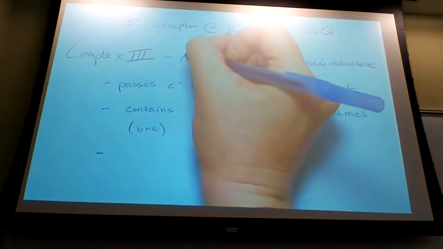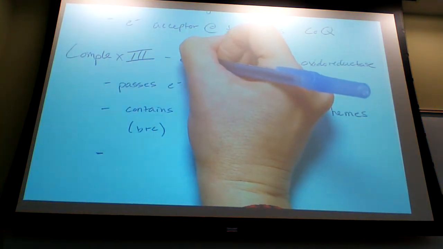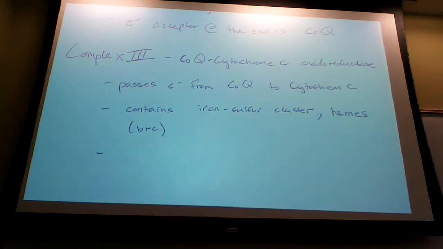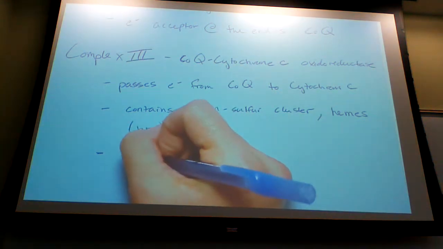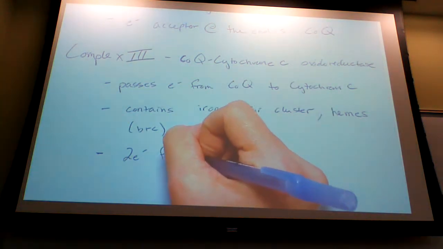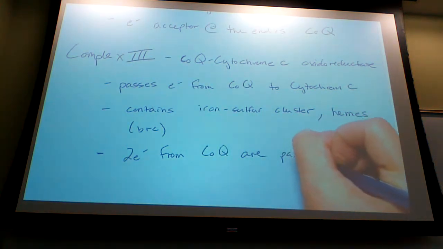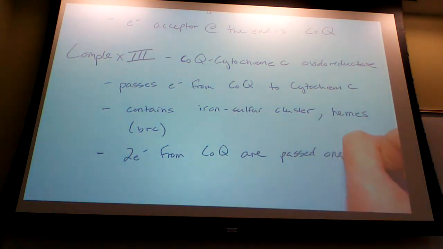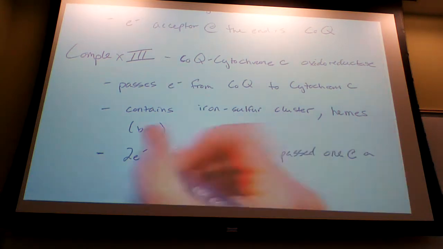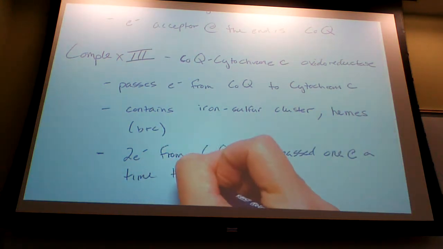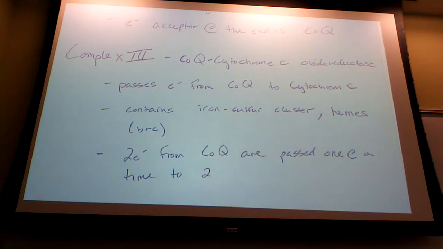And it's kind of a 1 electron at a time thing. So cytochrome C can only accept 1 electron. So you have 2 electrons from coenzyme Q that are passed 1 at a time to 2 cytochrome Cs.